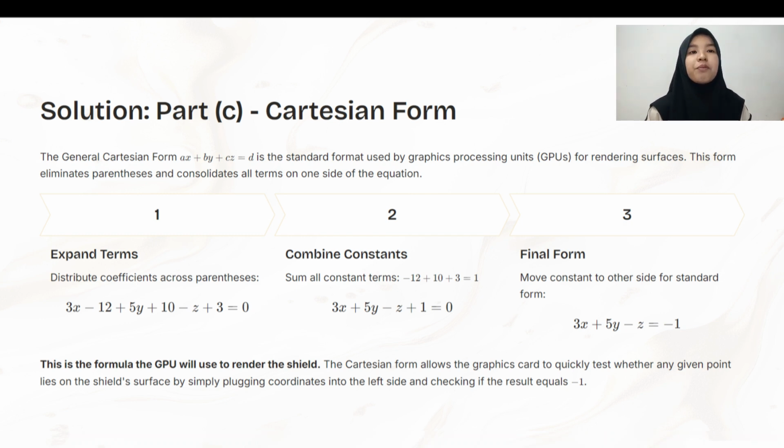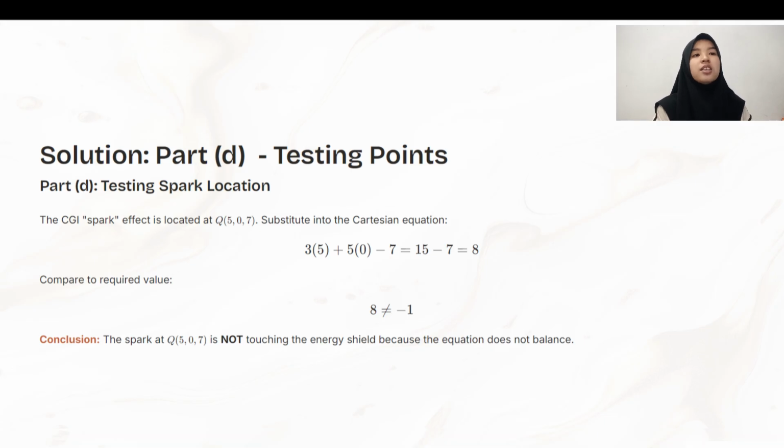Okay, for part D, it is the testing point. We have the location of the spark effect at Q (5, 0, 7). We substitute the coordinates of Q into the Cartesian equation from part C. So we multiply 3 with 5 plus 5 multiplied by 0 minus 7, and we get 8.